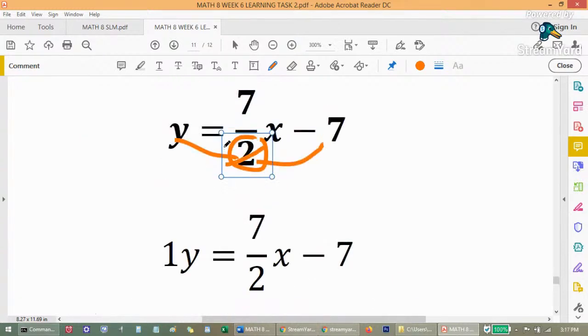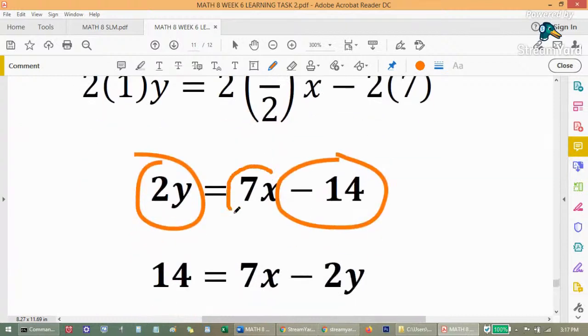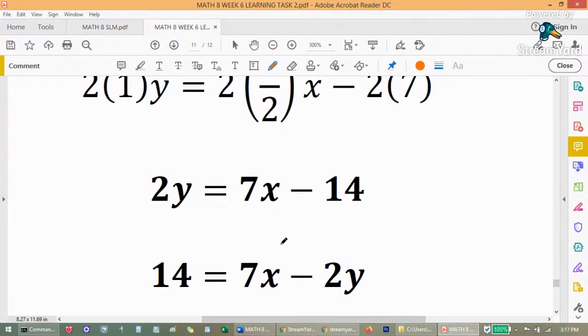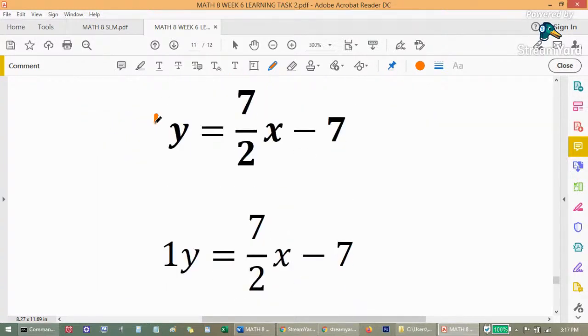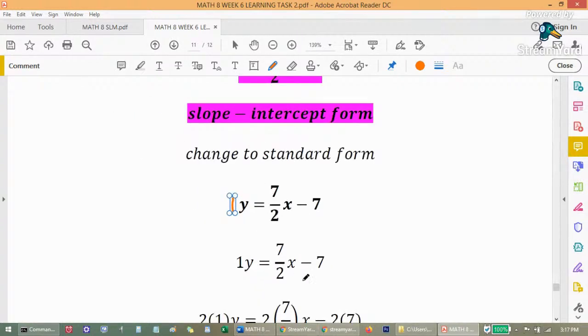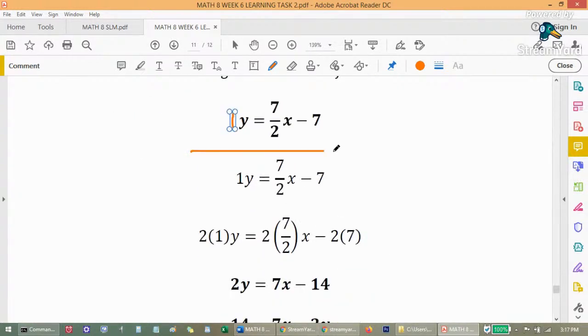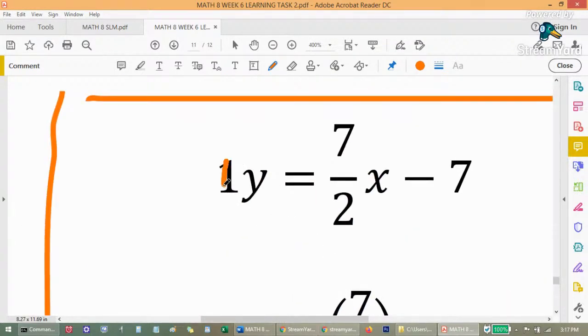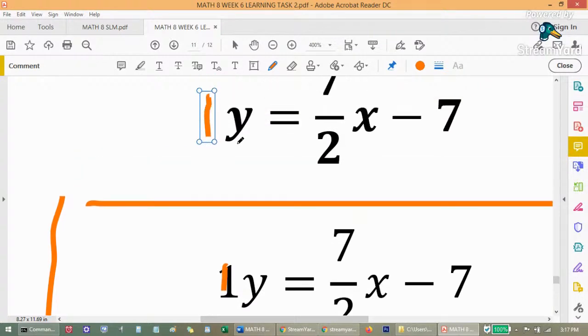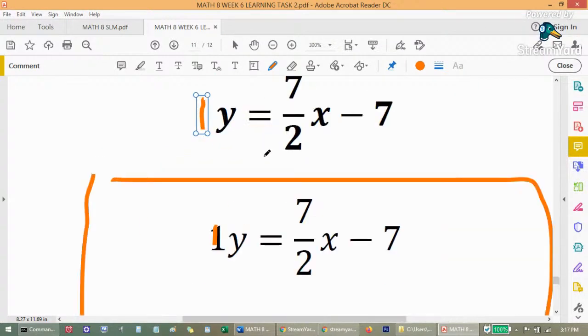Then this 2 will disappear. 7 times x is 7x. That is the short method. For the long method, we will put a 1 here. Okay, this is the long method. We put a 1 here, so there is a 1 here.